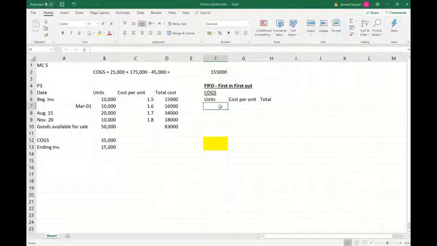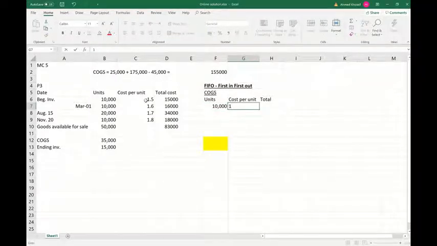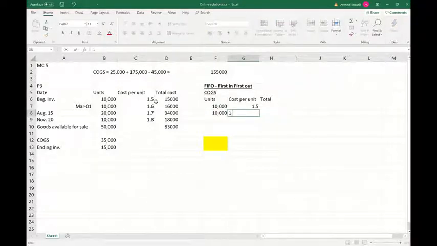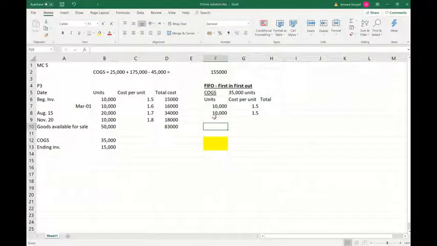Starting from the beginning, we have 10,000 units, and the cost per unit here is 1.5. Then we have another 10,000 from March 1st, and the cost per unit is 1.6. Remember we need 35,000 units as cost of goods sold. We have 10 and this 20, so we still need 15.